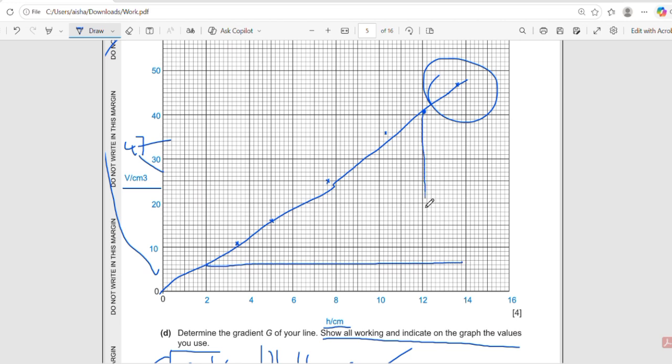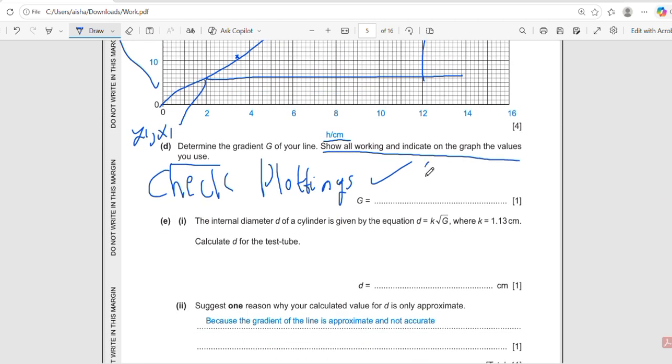That's the triangle method. And then this will be your y2, x2, and this will be your y1, x1. We know that the gradient formula is y2 minus y1 over x2 minus x1.